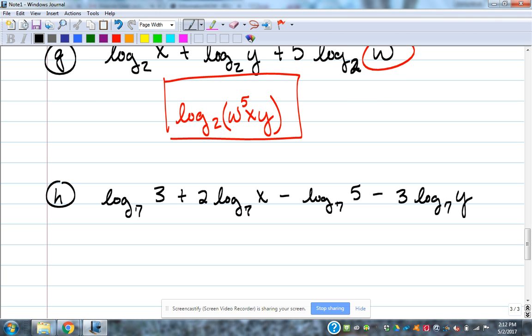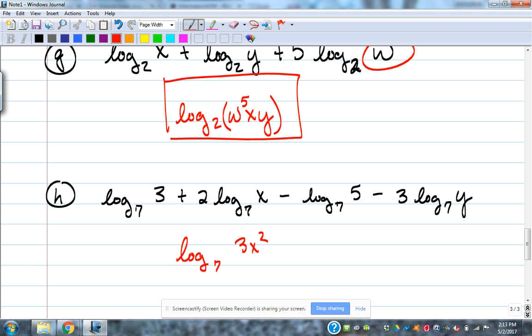Well, I see a plus sign between these two guys, right? So they must be multiplying together. So it'd be 3 times what? x squared. So when I try to condense that, I'm going to have log base 7 of 3 times x squared.